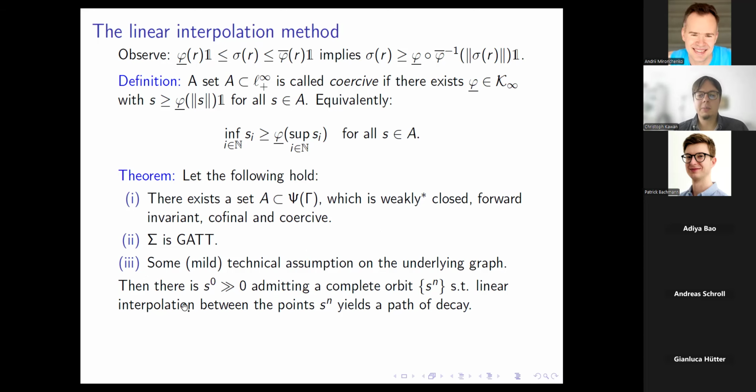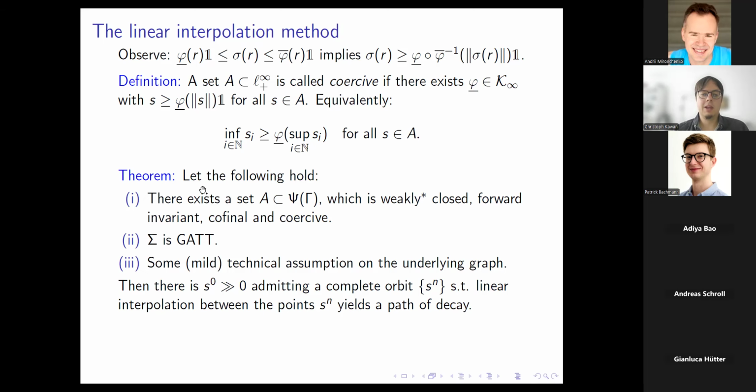Under these assumptions, we can show that there is a point S0 in the interior of the cone, which admits a complete orbit, such that linear interpolation between the points Sn yields a path of decay. So in that way, we can generalize this method from finite to infinite networks.